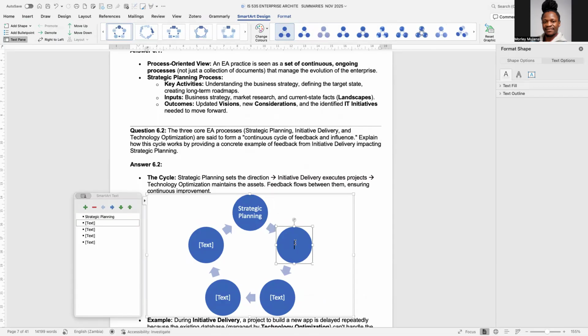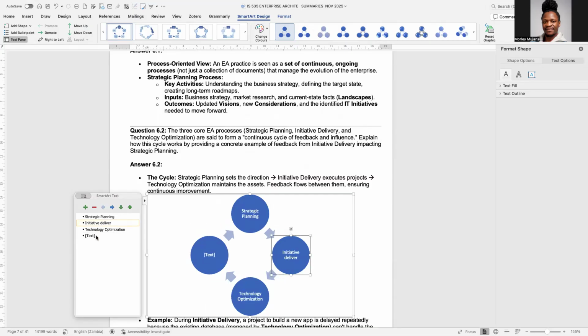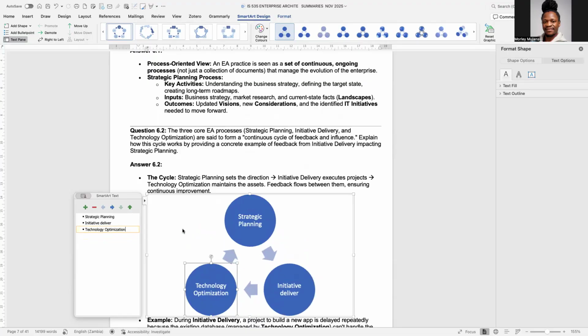I think you will understand this better when we do this. This is the cycle that we're trying to summarize here.